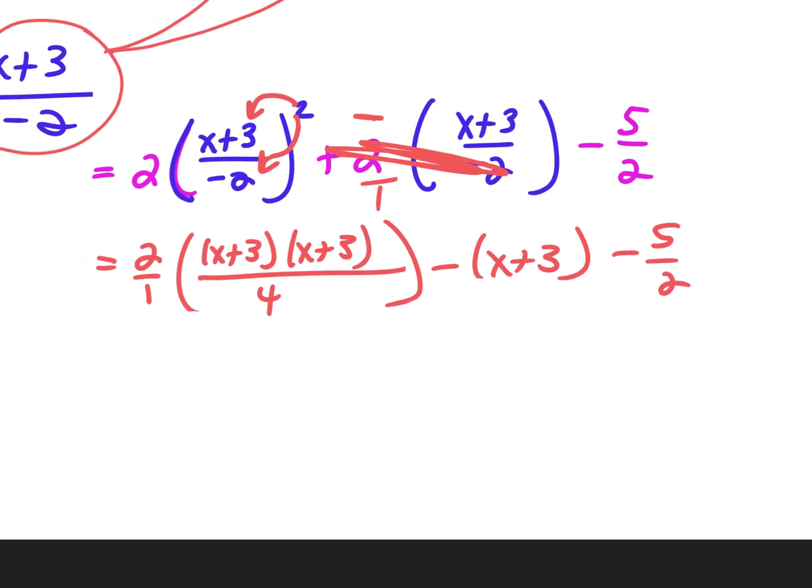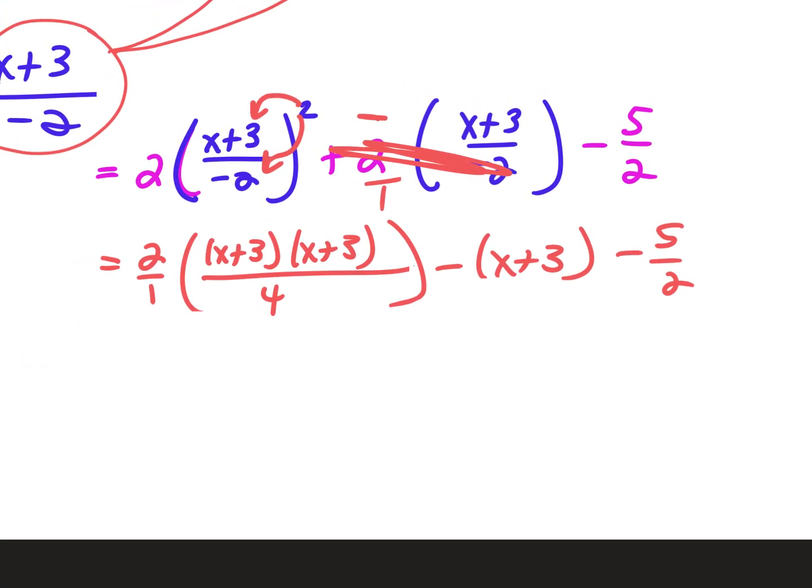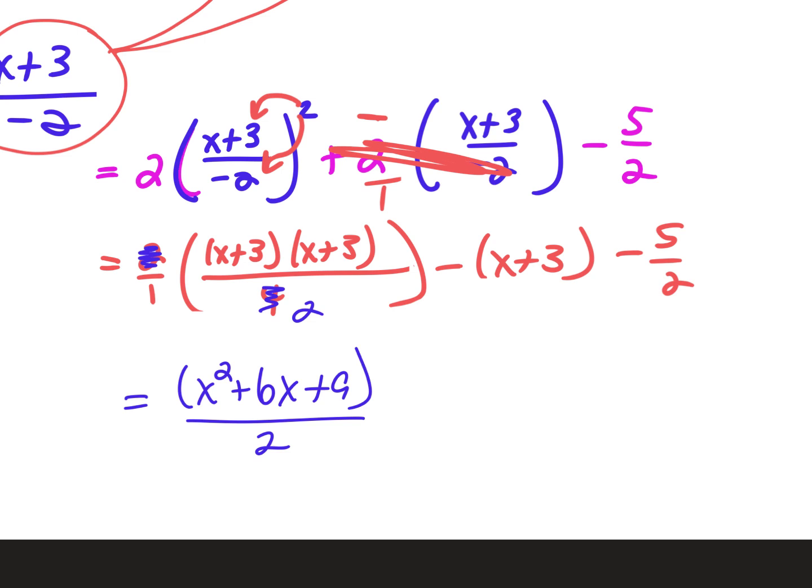All right. Can I fully get rid of my denominator here? No. But can I simplify? Yeah. 2 goes into 2 once, 2 goes into 4 how many times? Twice. So I'm going to be left with x squared plus 6x plus 9. Where did I get that from? I foiled, okay? Then I have minus x minus 3 minus 5 over 2.